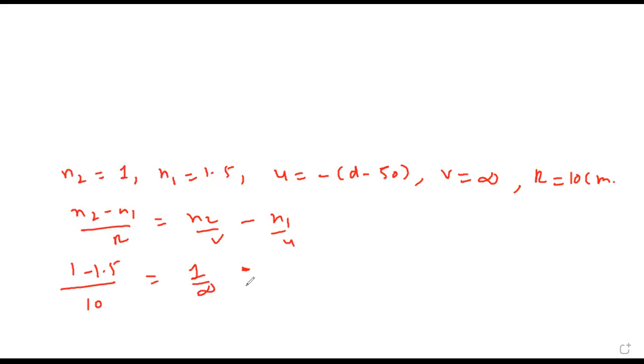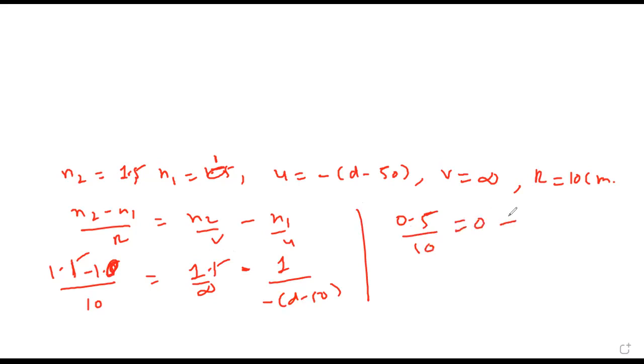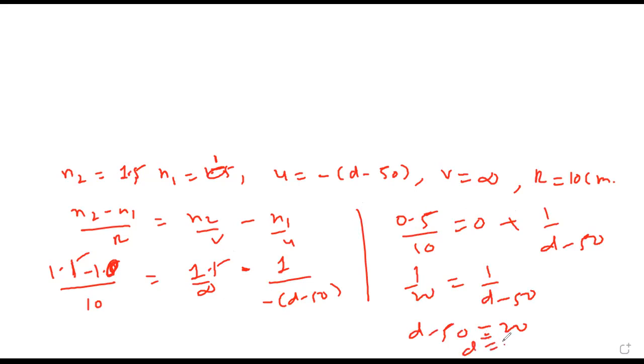Minus of, n2 is 1.5, n1 is 1.5, 1 upon minus of d minus 50. So 0.5 upon 10 is 0 plus 1 upon d minus 50. 1 upon 20 is 1 upon d minus 50. d minus 50 is 20. Therefore, d is 70, 70 centimeter.